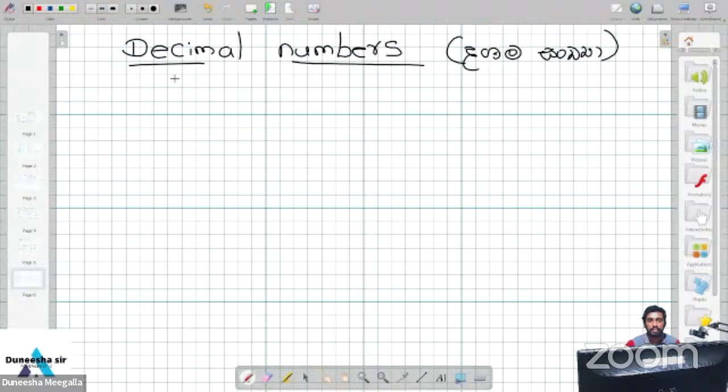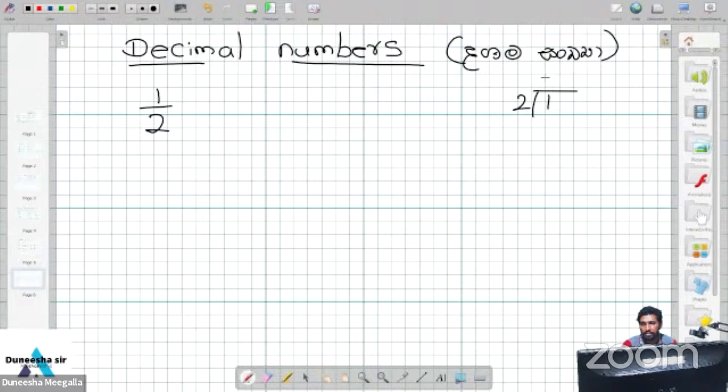Every decimal number has a decimal point. Then 1 over 2. Can you convert it into a decimal number? How do we divide 1 by 2? How many 2s per 1?